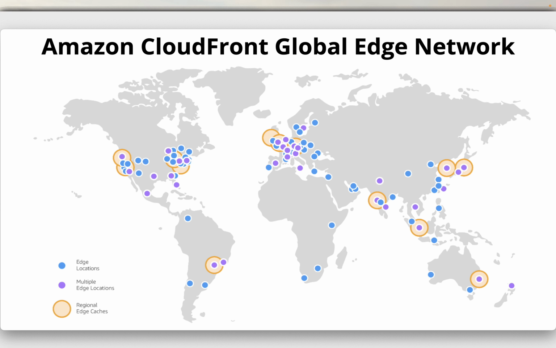So this is the global diagram of the edge locations and regional edge caches. Here in the picture you can see that these are all edge locations, and the purple ones are multiple edge locations. Then you have regional edge caches, which are used for your CloudFront distribution CDNs, and the others are used for other features like Global Accelerator.